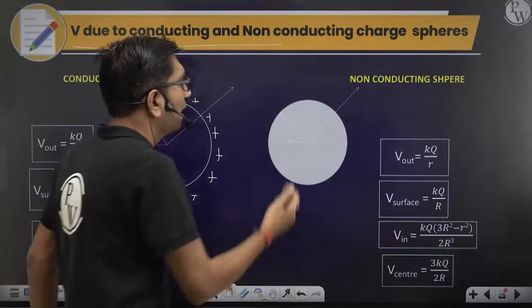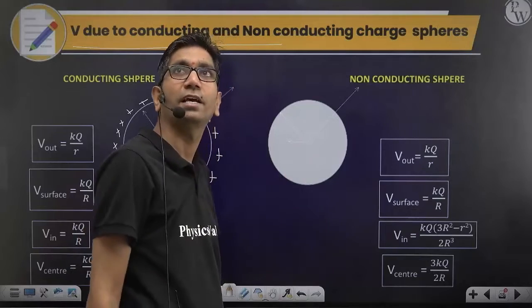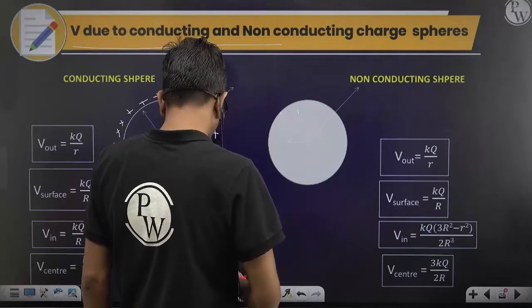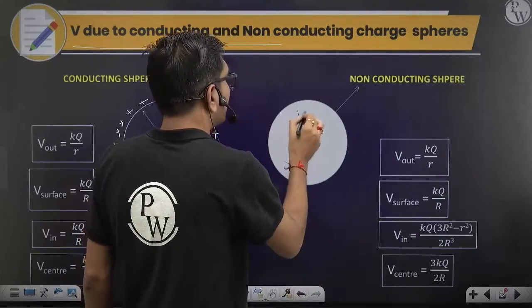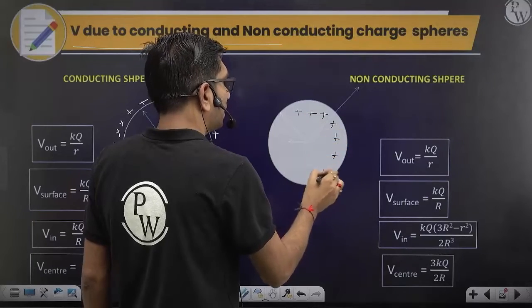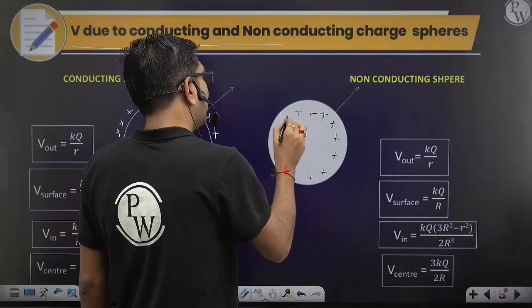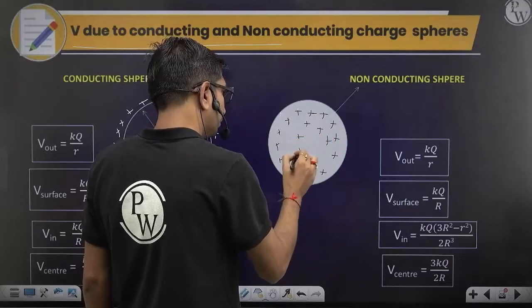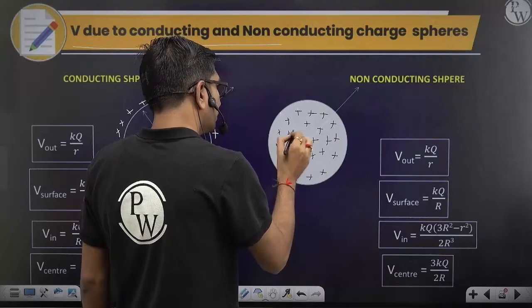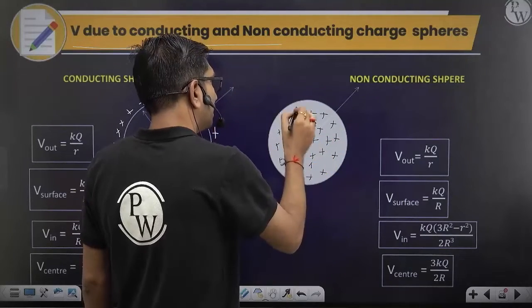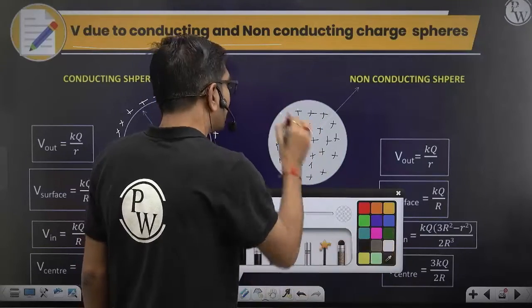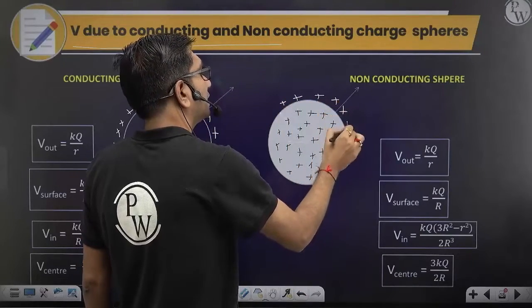In a non-conducting sphere, charge will be present inside as well as on the surface.